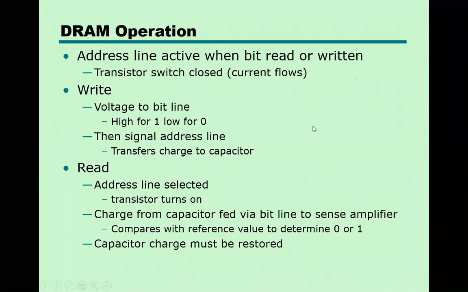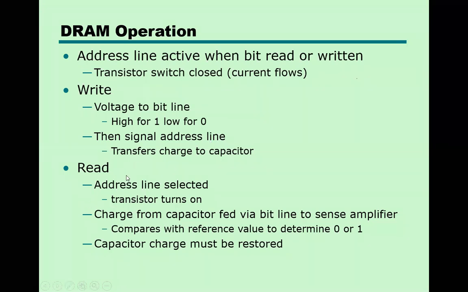The address line closes the transistor, and the respective charge is sent to the capacitor. The capacitor holds the value 1 over there, and vice versa, 0.